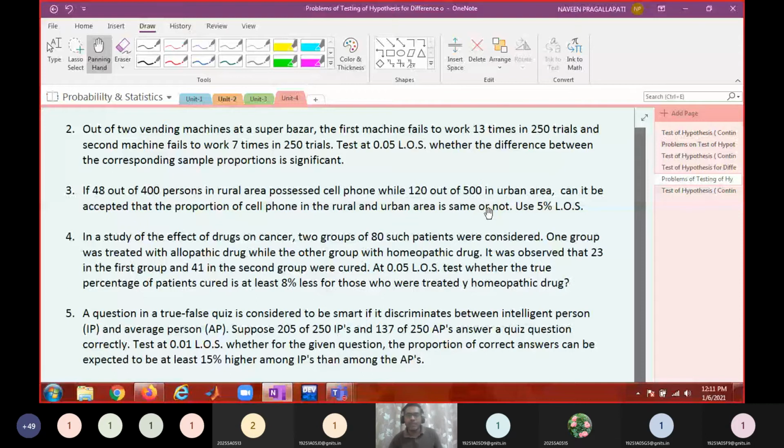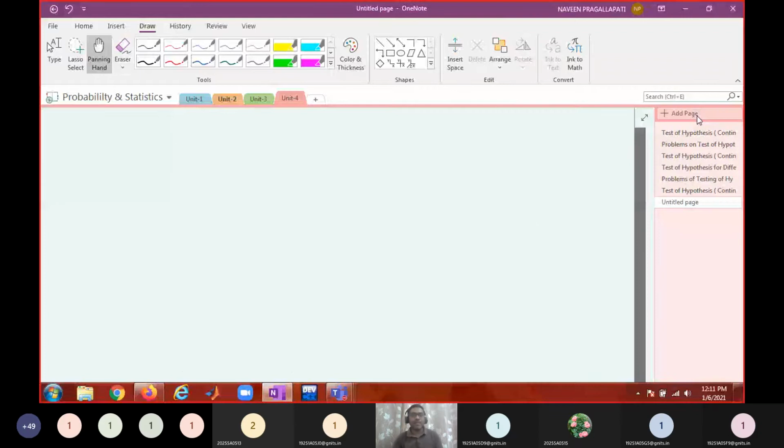So can we do this problem? Let us do this problem. Third problem, let us see. What is your null hypothesis?